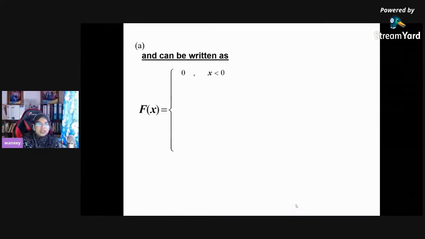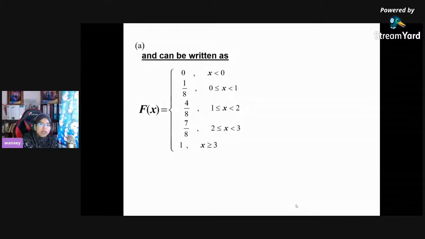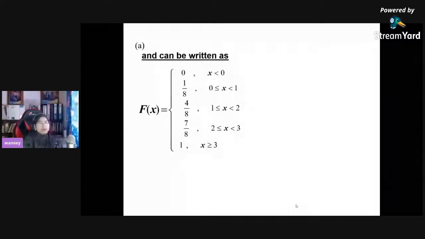Okay, so when x less than 0, 0. 1 over 8 for x greater than or equal to 0, less than 1, 4 over 8 for x greater than or equal to 1, less than 2, 7 over 8 for x greater than or equal to 2, less than 3, 1 for x greater than or equal to 3. So you simply take the interval together with the cumulative distribution function.